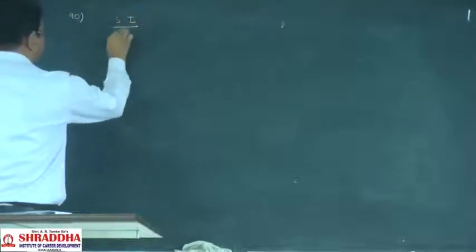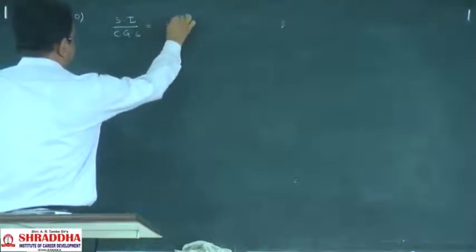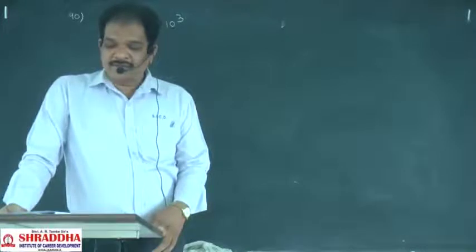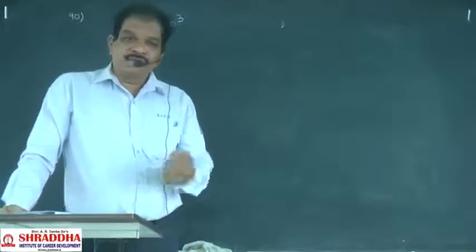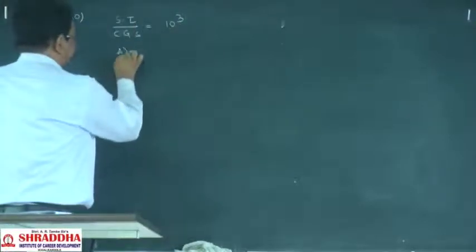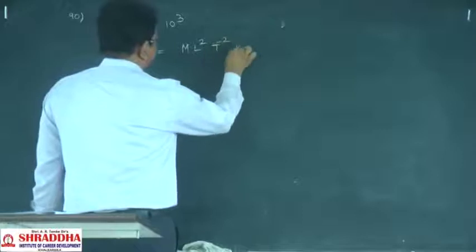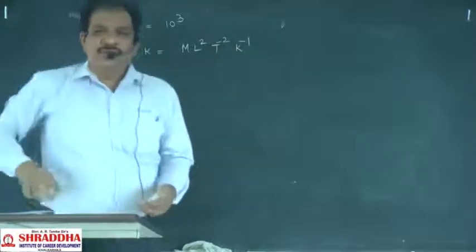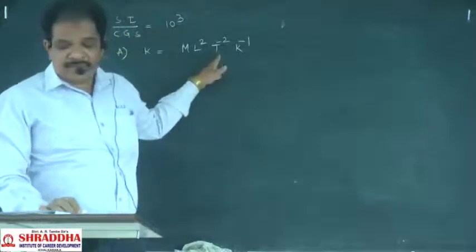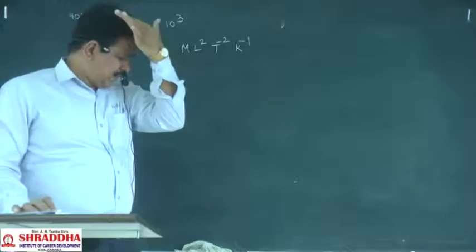SI unit, CGS unit. Ratio will be 10 cube. What is that quantity? That is the question. Okay. Use a dimensional formula. Boltzmann constant A: ML square T power minus 2 K power minus 1. Okay. ML square T power minus 2 K power minus 1. So here what we will get?